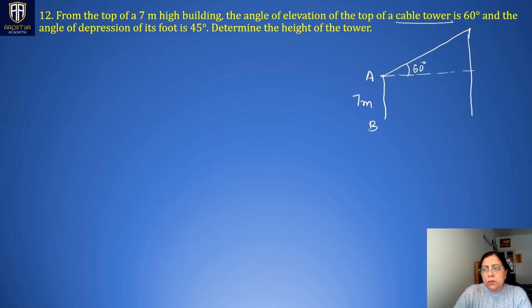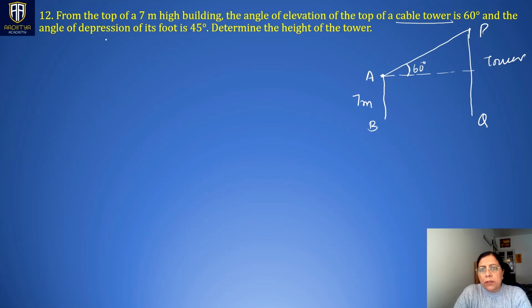So at that case, angle of elevation is 60 degrees. So if the height of the building is 7 meters, standing at the top of the building, we are looking at the top of a cable tower which is making an angle of 60 degrees. Now let PQ be the height of the cable tower. This is tower. And from the top of the building, angle of elevation is 60. And the angle of depression. Now depression is when we look down on an object which is lower to us in height.